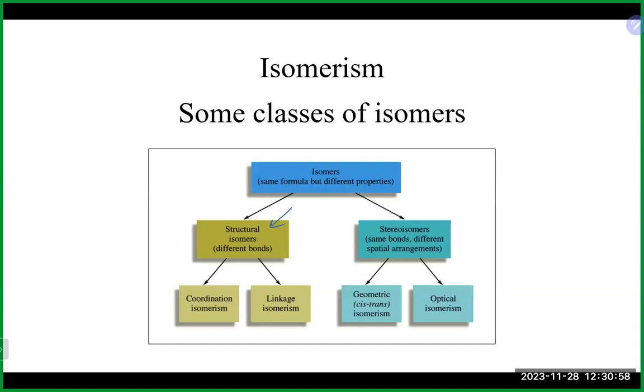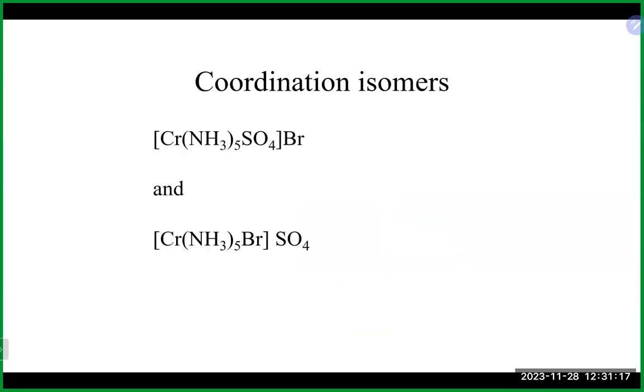There are also stereoisomers, which have the same bonds but a different spatial arrangement in 3-dimensional space, and that gives you geometric isomers, which are sometimes referred to as cis or trans isomers, and optical isomers, which can rotate plane polarized light.